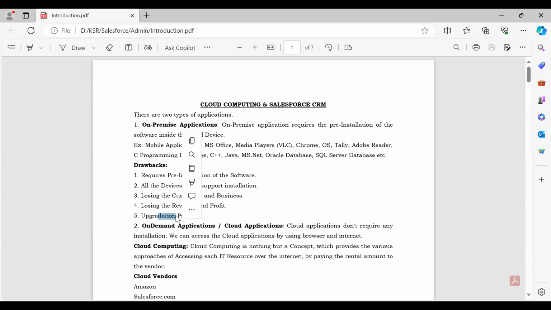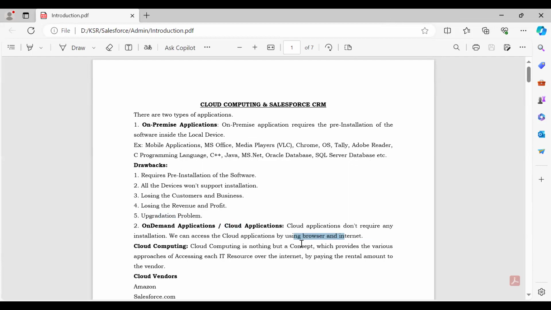To overcome these drawbacks, in the IT industry, we have one more type of application, that is on-demand. They are also called cloud applications, which do not require any installation of the software. We can access these cloud applications by using a browser and internet. Yesterday, we discussed this point.